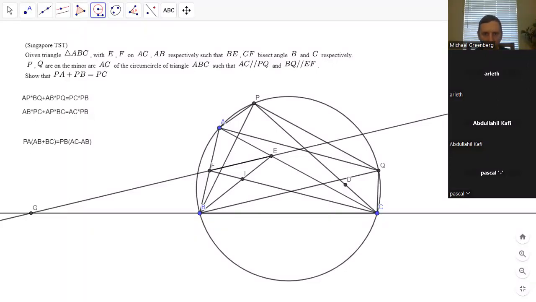Let's see. Yeah, how do we use that BQ is parallel to EF? That's really the key to this problem.